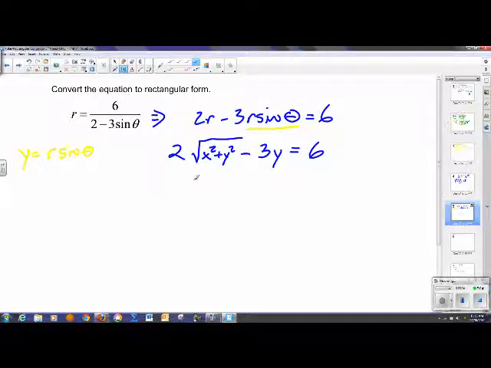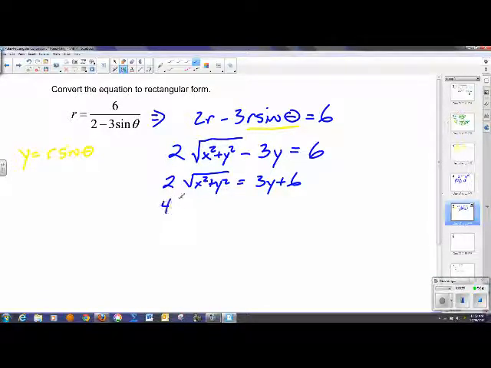I'm going to bring the 3y to the other side, leaving me 2 times the root of x squared plus y squared equals 3y plus 6. I'm going to take and square both sides to get rid of this square root, because typically they don't like square roots as your final answers.